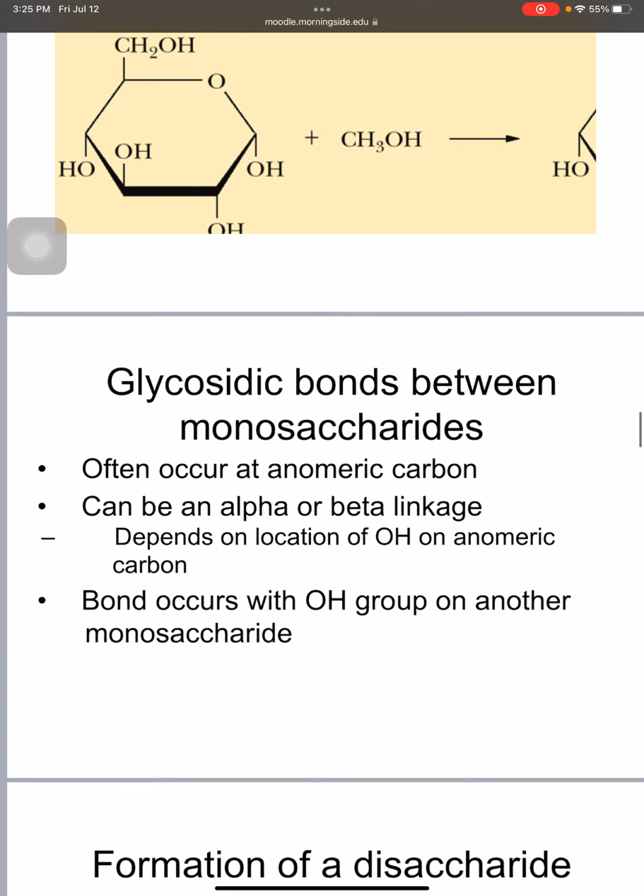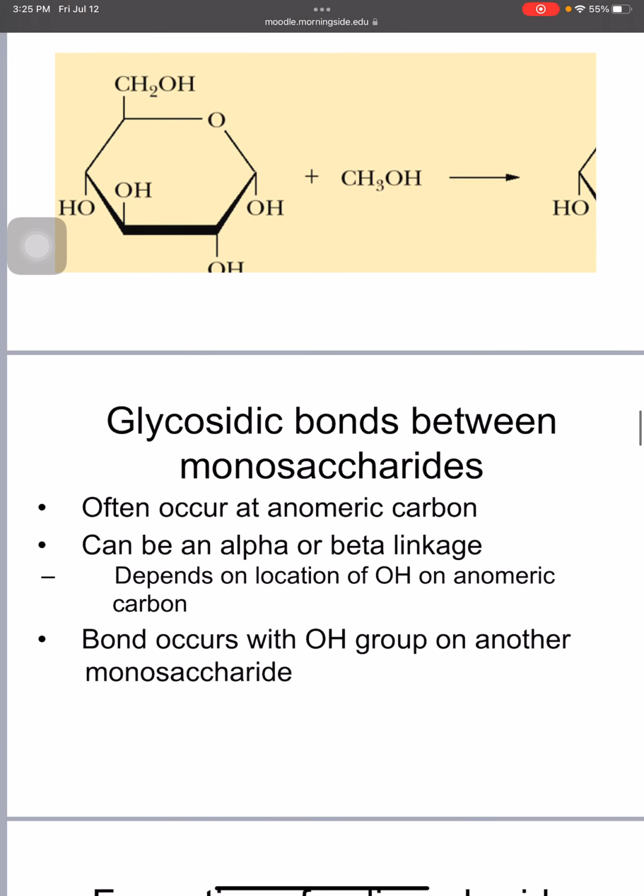Okay, so that's how you form a glycosidic bond. And so sometimes you can form a glycosidic bond with just other alcohols. But the most important ones are going to be where you actually form glycosidic linkages between OH groups on multiple sugar units, right?